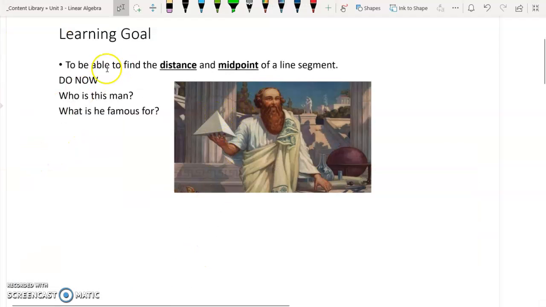Alright guys, so today we're looking at being able to find the distance and midpoint of a line segment. So, this guy here, who is he?